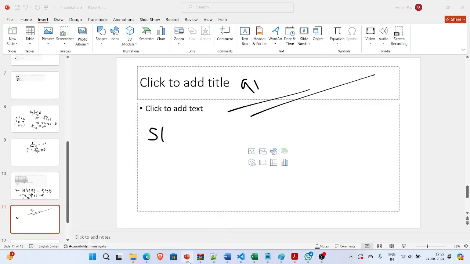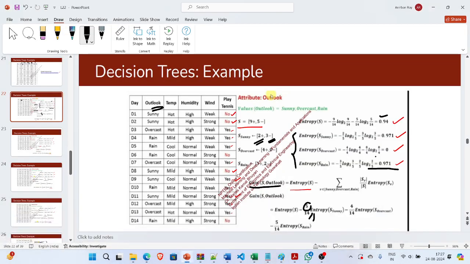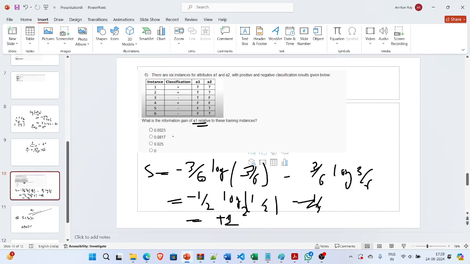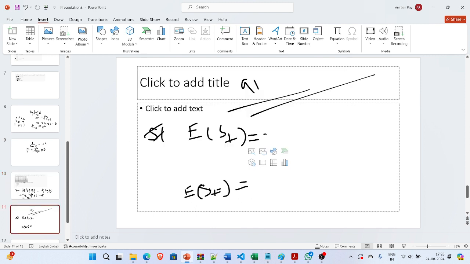So let's write it better. This is conditional entropy of S true, and conditional entropy of S false. So this is what we need to find. When it is true, how many times is it true? 3 times, so it should be minus 3 first.